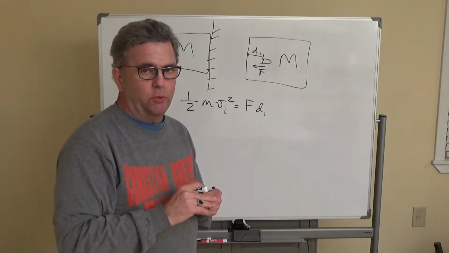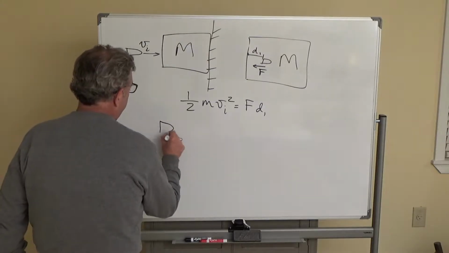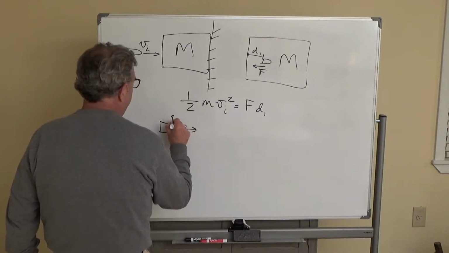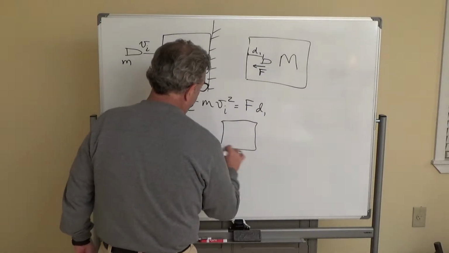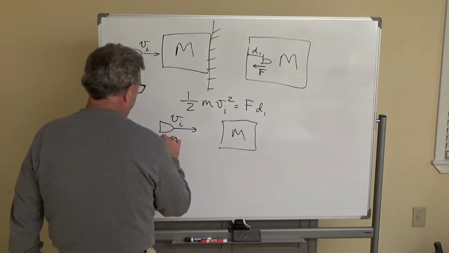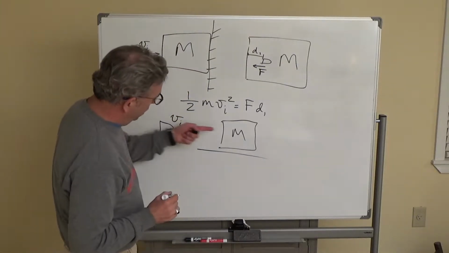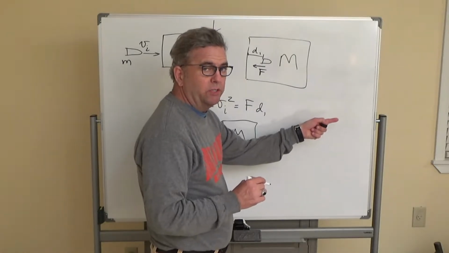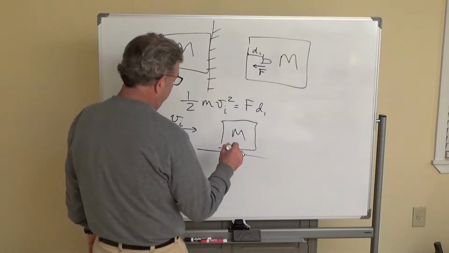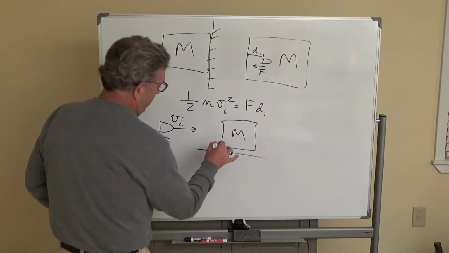In the second situation, here's the bullet coming in, same initial velocity, okay? Only this time, big M is on a frictionless surface. So the bullet's going to enter and then they're both going to go off like that by conservation of momentum, okay? So here comes the bullet, and this is stationary.